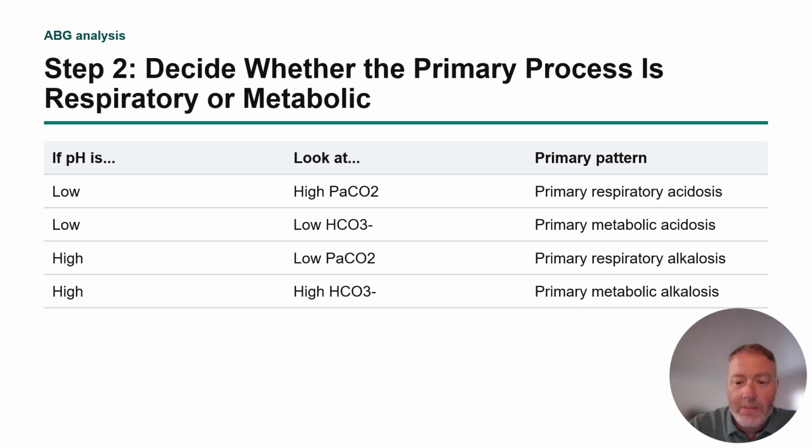In a primary metabolic acidosis, pH and bicarb are directly proportional, so your pH is going to drop and your bicarb is going to drop alongside. Conversely, if there is a respiratory alkalosis, then your pH rises and your CO2 falls. And a primary metabolic alkalosis is when both the pH and the bicarb are abnormally high.